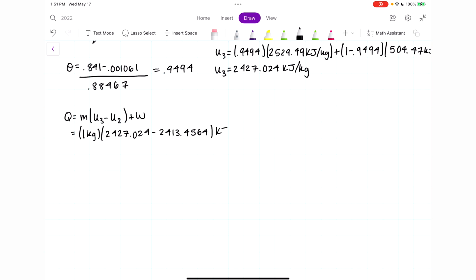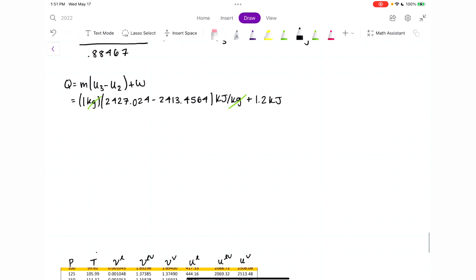All of this is kilojoules per kilogram times 1 kilogram, plus the work of 1.2 kilojoules. Great. Kilograms cancel out, and we get that Q is equal to 14.767 kilojoules. And this is the amount of heat added going from state 2 to state 3.